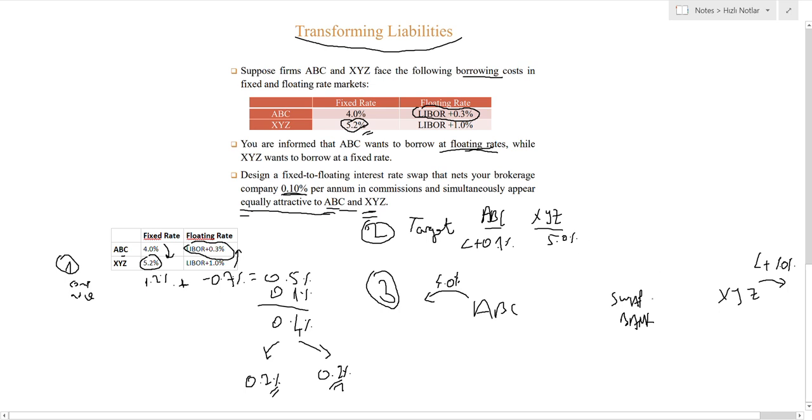Let's think. At the end of the day, XYZ company has a target of 5% interest rate to borrow money. Currently they have LIBOR, but this time the direction of the arrow indicates the sign.